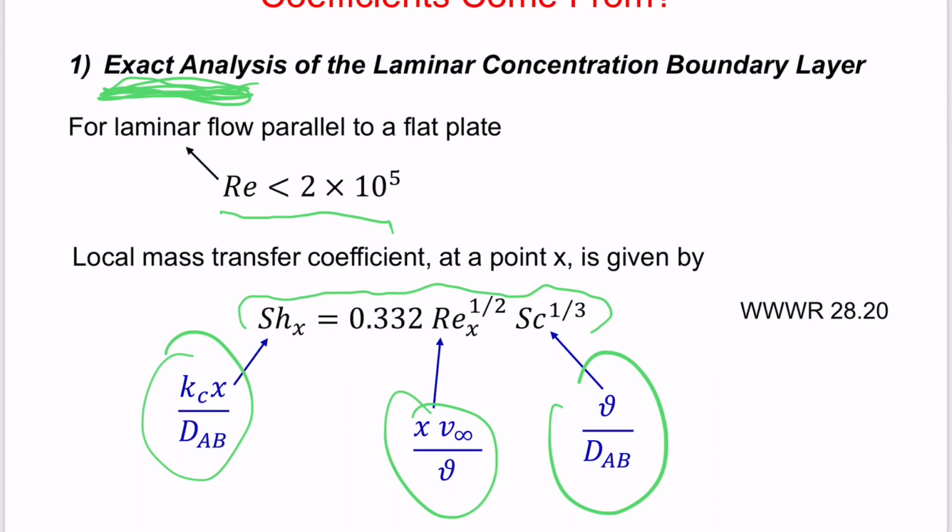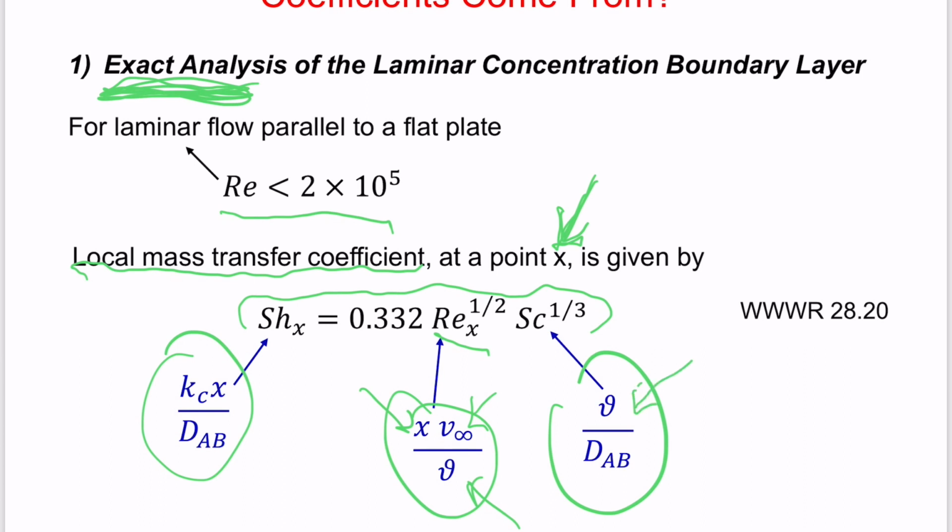So I want the local mass transfer coefficient at a point x, because that mass transfer coefficient does change as you move downstream from the front of the plate. So I want it at some location x. First, I'm going to calculate my Reynolds number using x as the characteristic length. V infinity is how fast the fluid is flowing, and nu comes from the properties of the fluid.